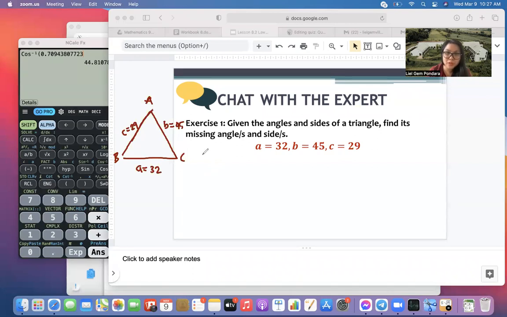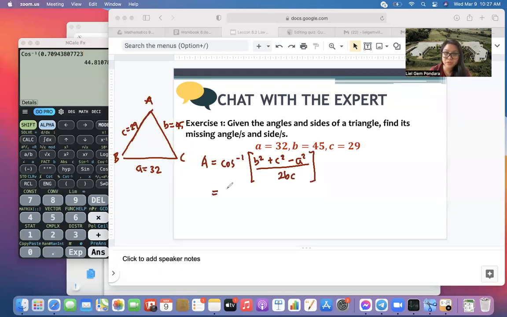Remember, that's going to be cosine, but let me write another formula. It can also be A equals cosine to the -1. Okay, you can use that one. Cosine to the -1 of B squared plus C squared minus A squared over 2BC.